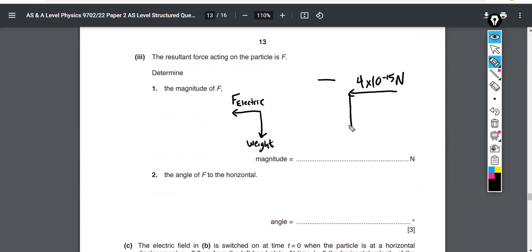There's also a weight vector that acts straight down, and it's 3.9 by 10 to the negative 15 newtons. And so the hypotenuse of that right triangle will be the force. And so we'll solve this using Pythagoras' theorem. This squared plus this squared will equal F squared. So F is going to be the square root, right, of the sum of those squares, which I will rewrite over here.